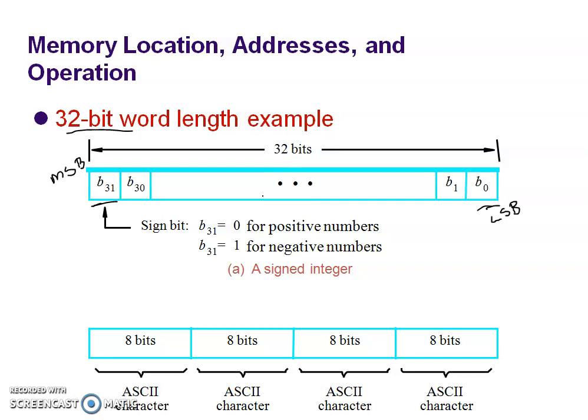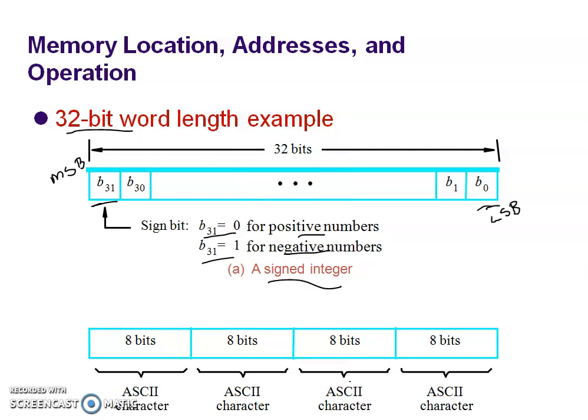In case of positive numbers, B31 will be taken as 0, and for negative numbers, the B31 bit will be considered as 1. So this is the way you represent a signed integer.